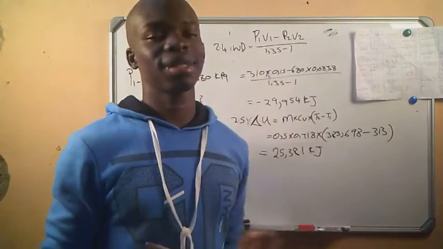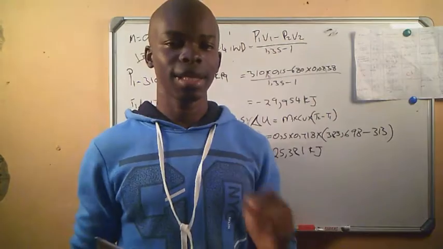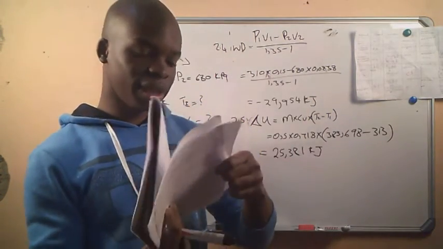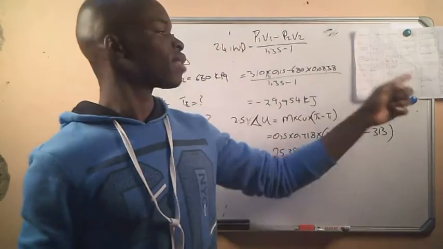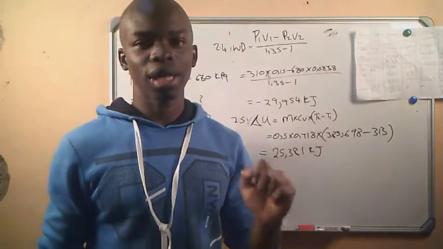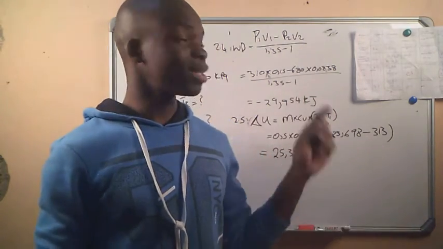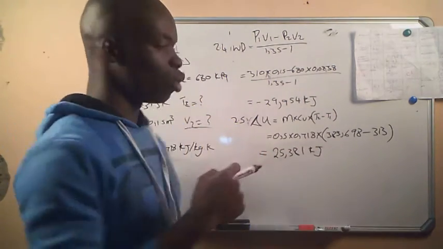Since now they are telling us to calculate the heat rejected, it will be clear to us now that the process that you are dealing with here is polytropic, because if it was adiabatic, then our Q will be 0.